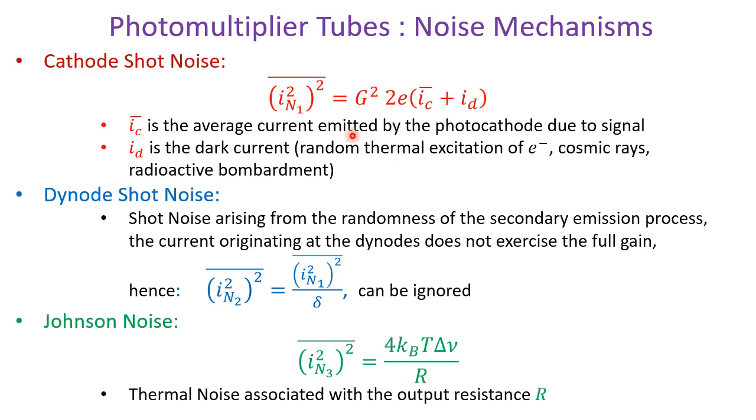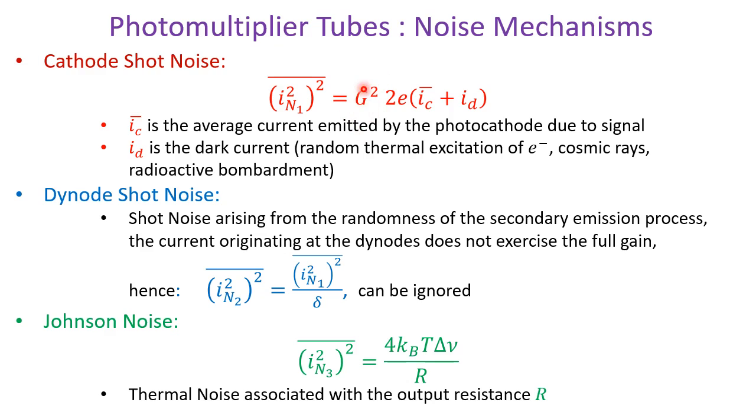So you can clearly see that this is the usual expression for the shot noise. But of course, you see that the current is multiplied. We are looking at power now, so that is multiplied by G squared, where G was the gain, right? So what you have is a very large number.